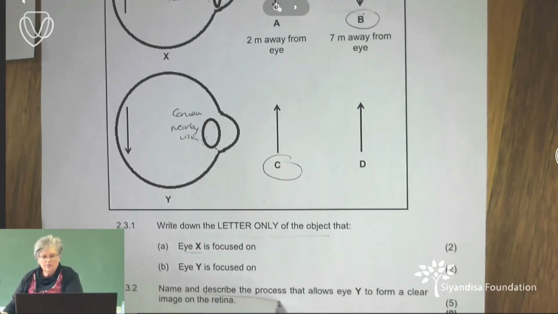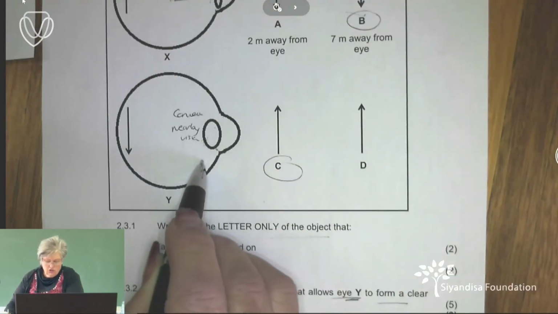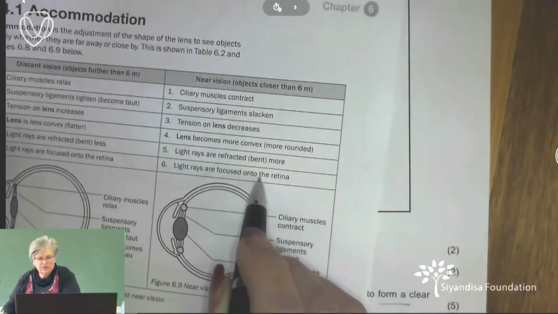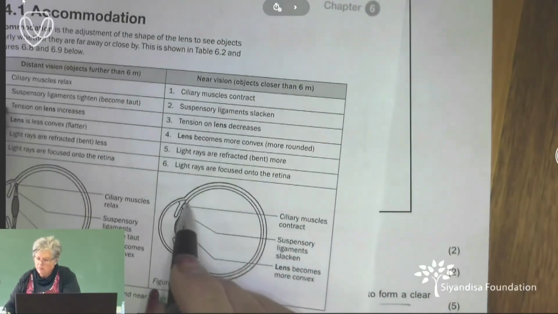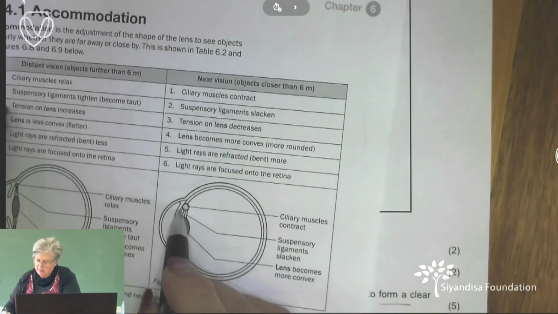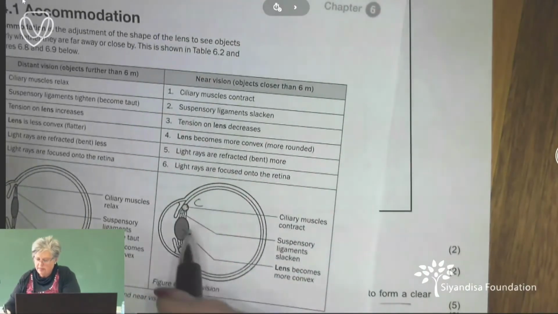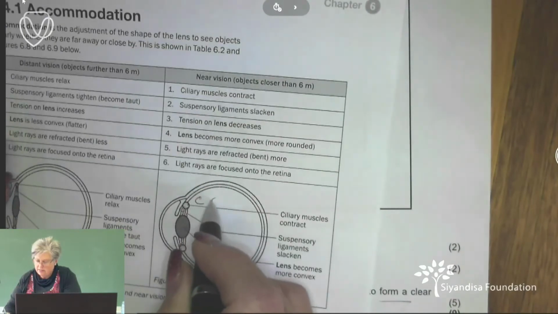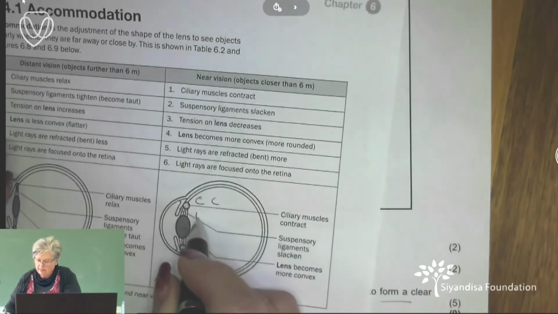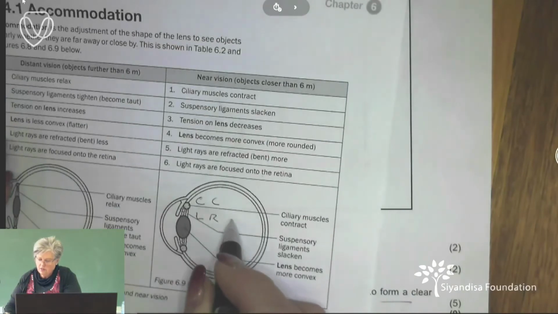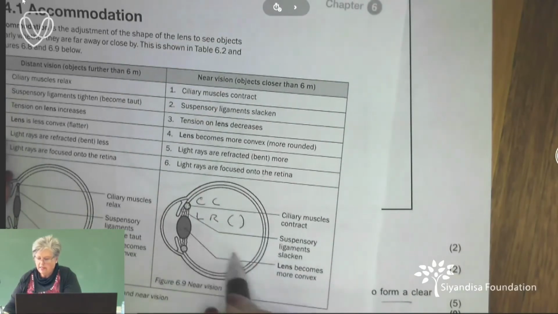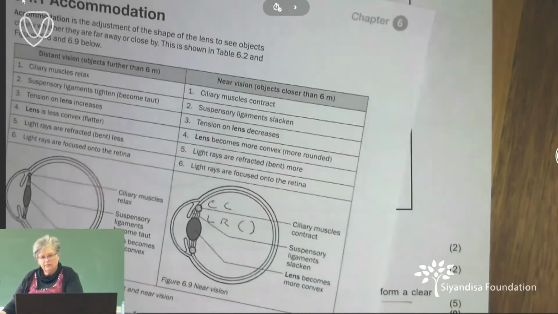Name and describe the process that allows Y to form a clear image. So they ask you about near vision. In near vision, the ciliary muscles contract, the rubber band gets bigger, the lens becomes more convex and more light rays are bent.